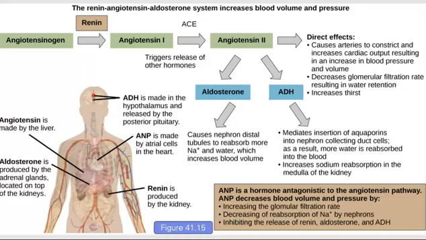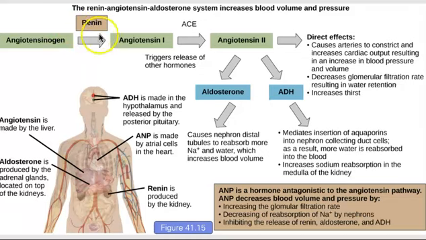There's a lot going on in this slide, so let's break it down. First, our body has this inactive molecule in our blood known as angiotensinogen, and it's made by our liver. Our kidneys are going to utilize things like our baroreceptors to recognize that there is a drop in blood pressure and we need to increase our blood pressure.